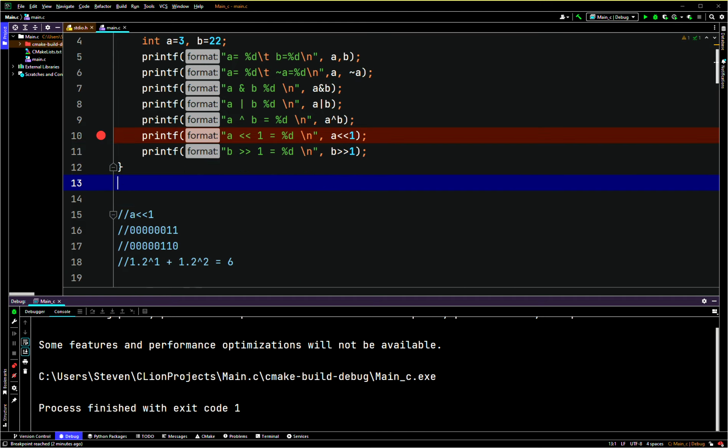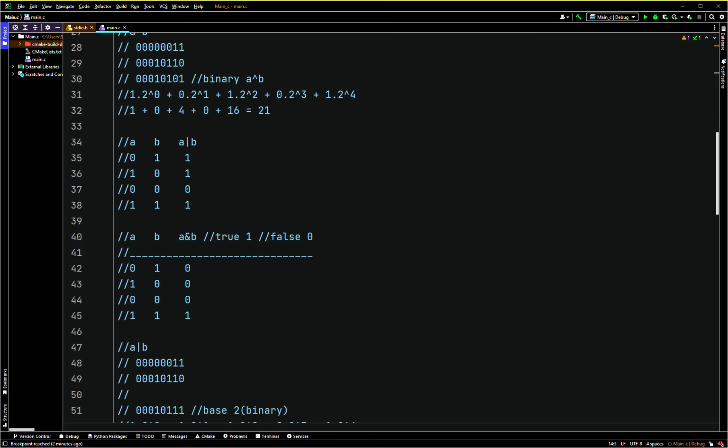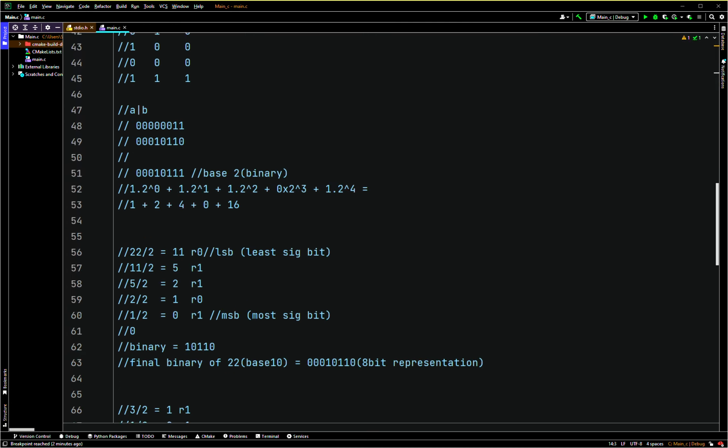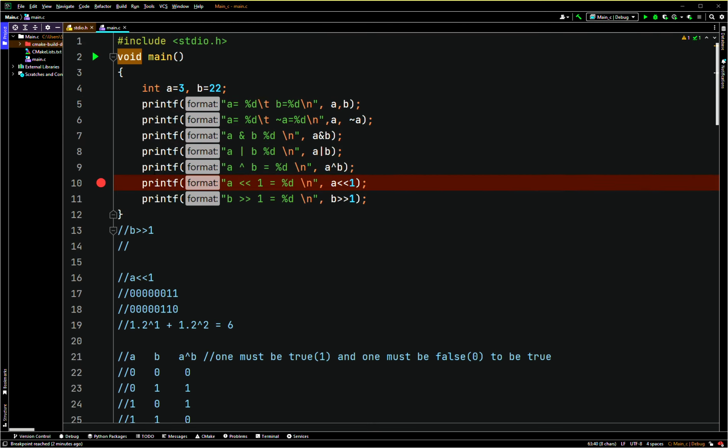Next one here. We want a B right shift 1. We need to grab the binary that we already got here, base 2 in 8-bit representation. We take that one here, just paste that there, and then we're going to want a right shift 1.